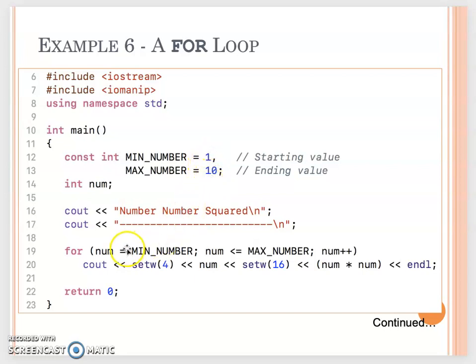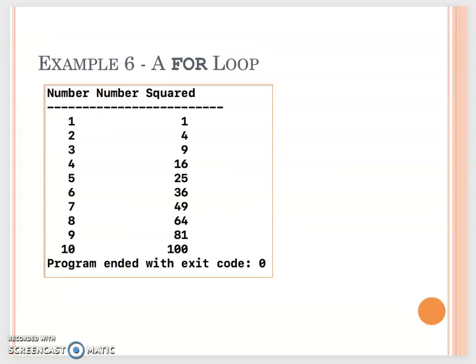Here is the initialization, your count's beginning value, then your test, then you increment. The loop body will only display the number and the square, with space set up between them. After this, when you run the program, it will look like this.